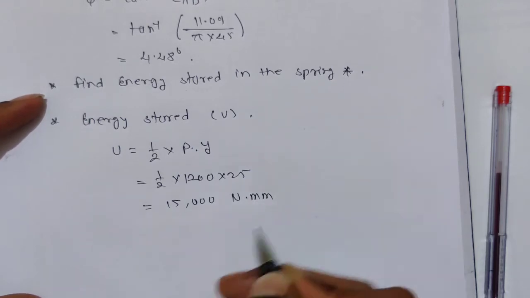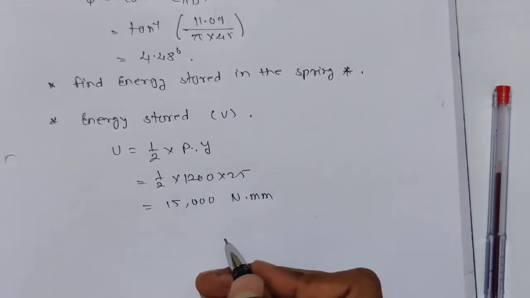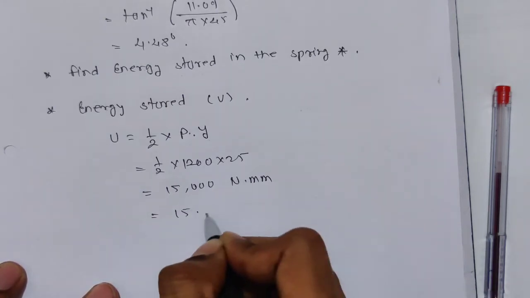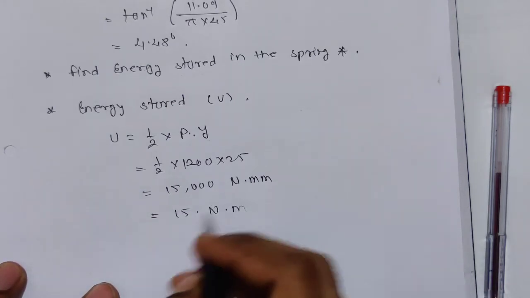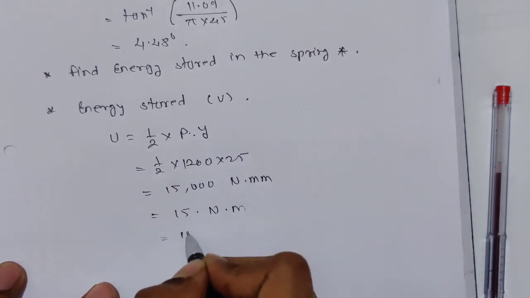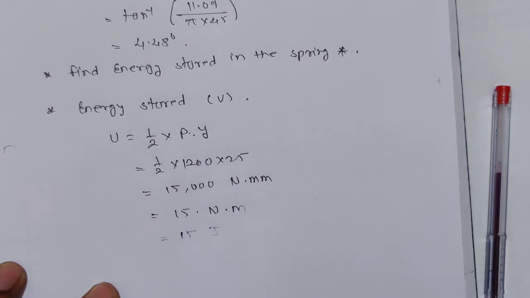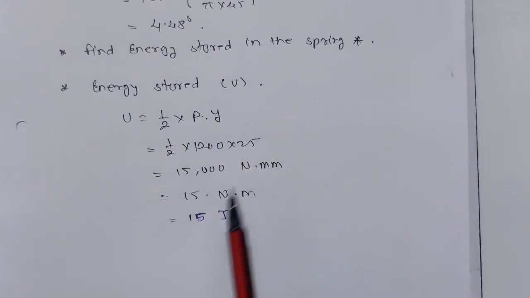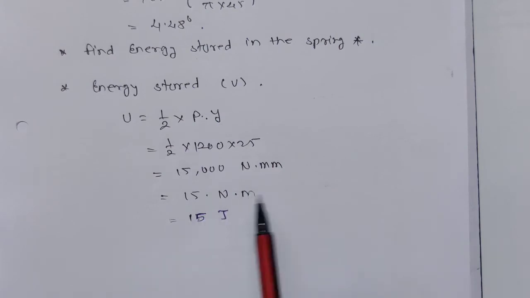We want the energy in joules, so we convert it into Newton meter, that is 15 Newton meter, or you can say 15 joules.